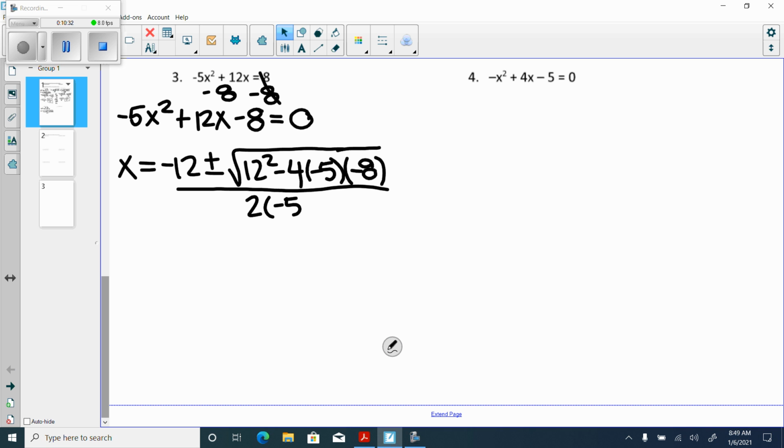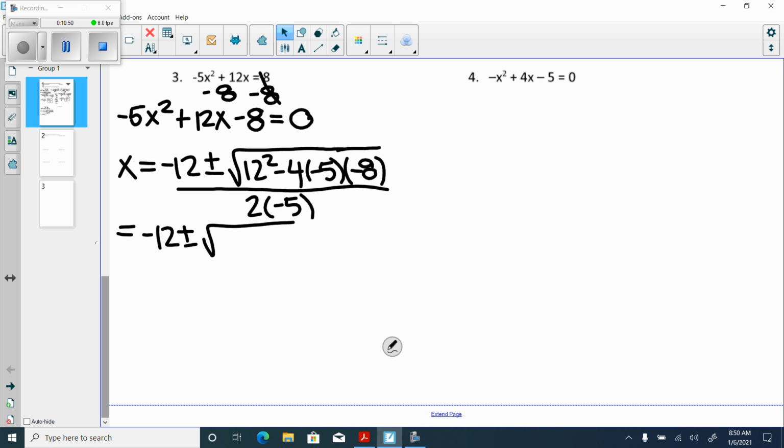Very good. All right. And then we start to simplify. So we keep the negative 12 in front. And what do I simplify first under my radical?